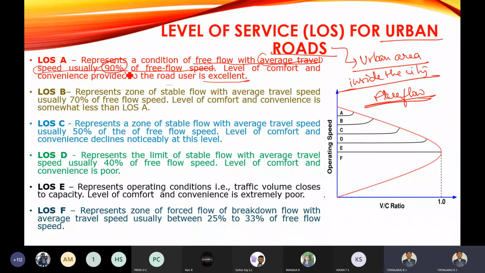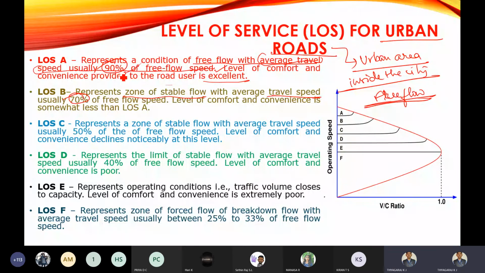This is the extra thing added for urban roads. If you remember the level of service for rural highways, you can easily write the level of service for urban roads. Level of service A is 90% of the free flow speed. Then B represents the zone of stable flow, but the speed is reduced to 70%.